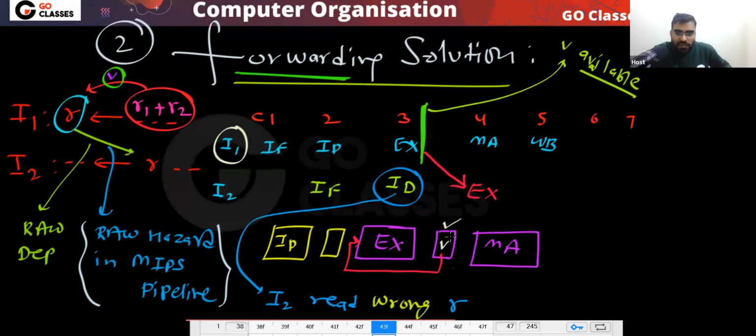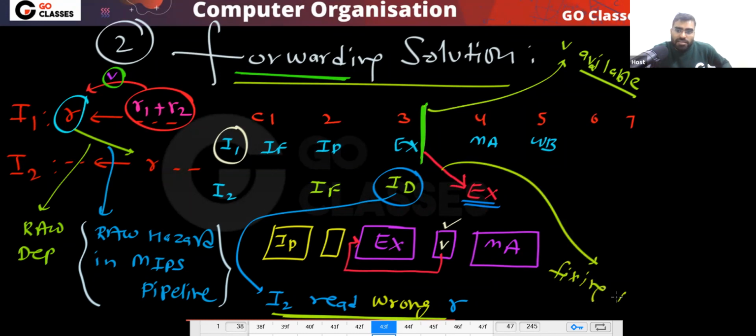So we make this connection, so that from this buffer the value goes directly to the execution stage. Remember, you are reading the wrong value, but you are fixing it.